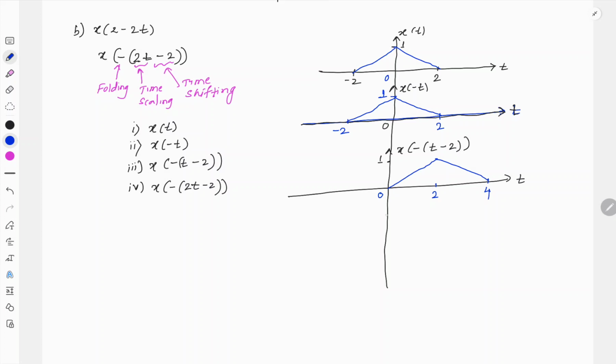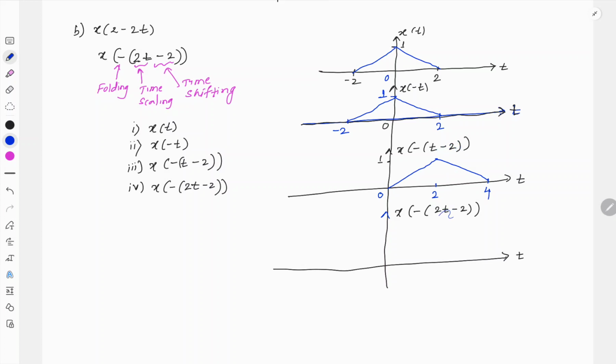Now the next step is we have to draw x of minus 2t minus 2. So whenever we are going to draw this signal, remember that in first step already we have drawn the folded signal. In second step, we have already completed the shifting operation.